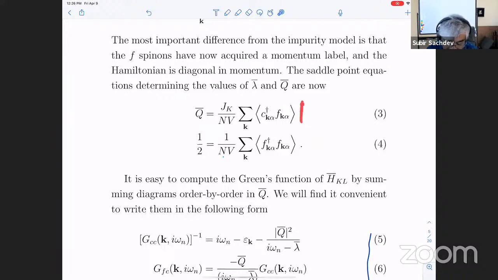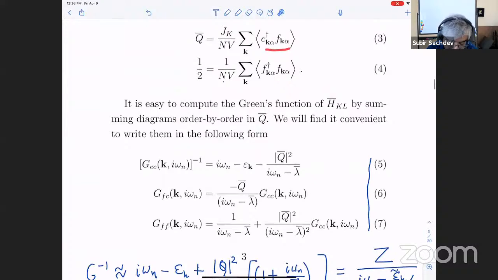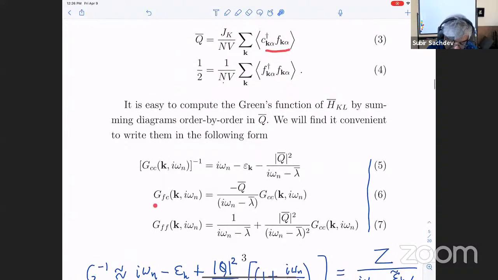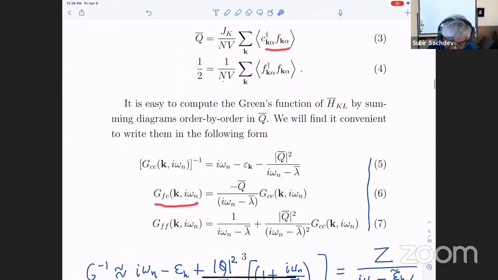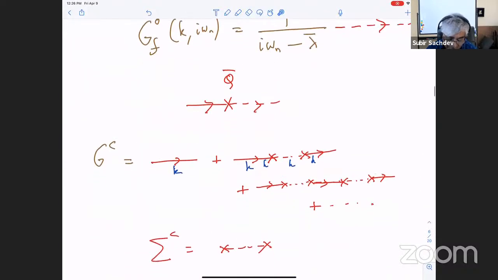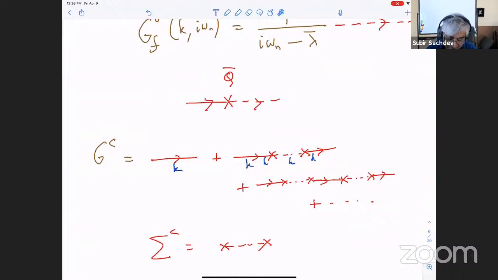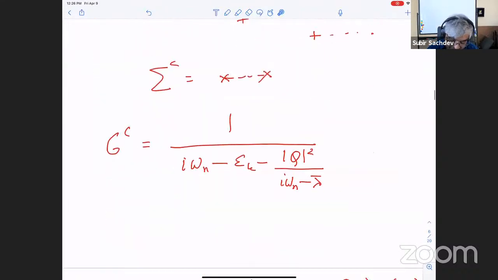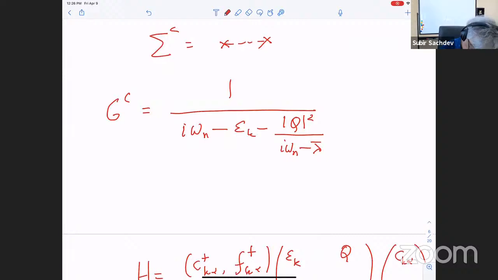All right, so now we just have to look at the form of this object. This is just the expectation value of C dagger F. So for that, I need the Green's function G_FC, which, remember, we obtained by summing all these graphs. So G_FC, I can write it out here.